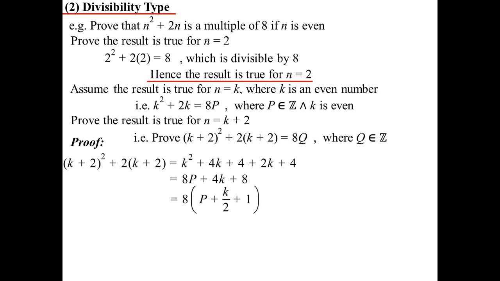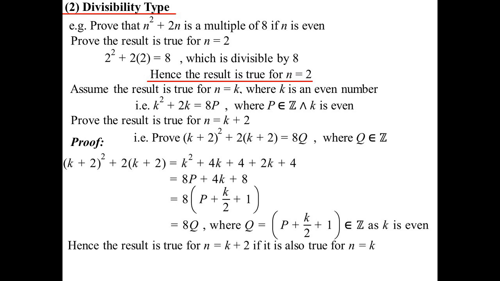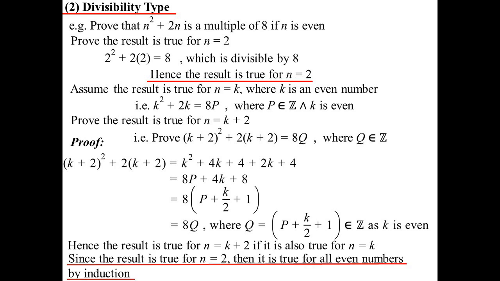Ordinarily, we'd say we've got a problem, because k on 2 is not an integer. However, in our assumption, we said k was an even number. And if you divide an even number by 2, you will get an integer. So that is true, but I make sure I make the point it's true because we know k is an even number. So hence it's true for k plus 2 if it's also true for k, since the result's true for n equals 2, and so on.